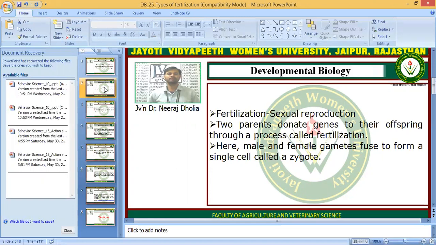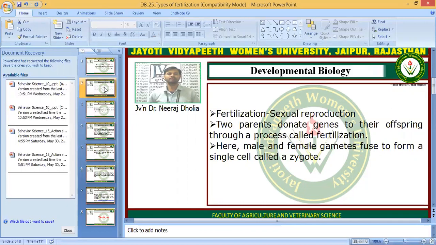In the earlier lectures, we have discussed that there are two types of reproduction: sexual and asexual. We talk about fertilization in sexual reproduction only. Here, the two parents donate genes to their offspring through the fertilization process.